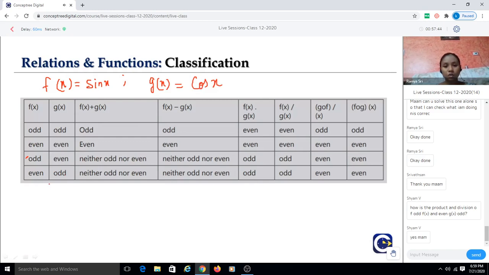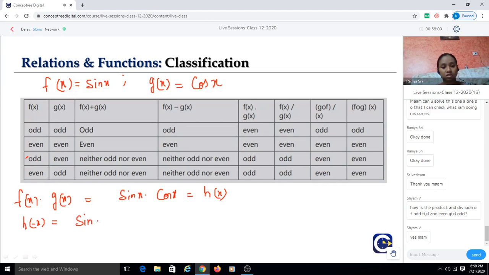So now your question is how the multiplication and division is odd. So let's just multiply these two terms, f of x into g of x, which is equal to sin x into cos x. So this is our new function h of x. So let's verify whether our resultant function h of x is even or odd. So I am replacing x with minus x.